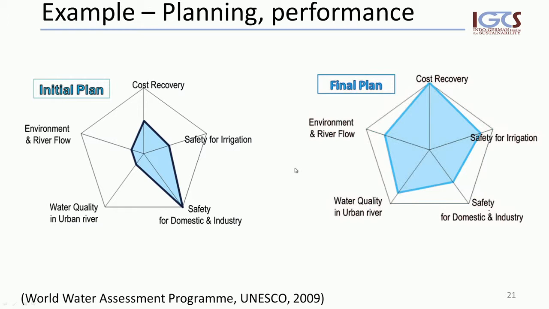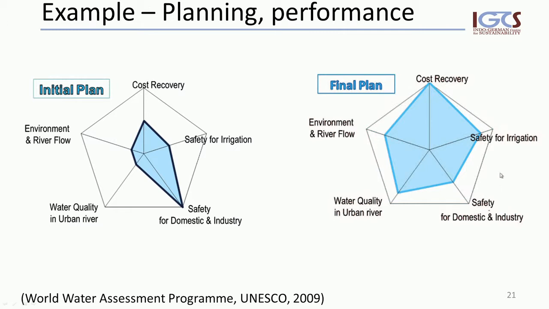And then we have the result at this point, at a later stage of the implementation of this management plan. We have the same indicators here, and what we see is that overall the performance improved substantially, visible in all of these performance indicators.